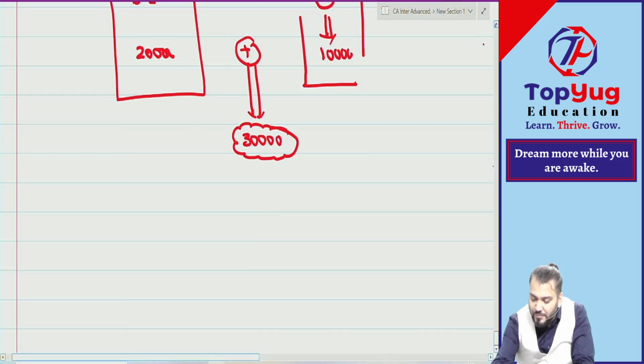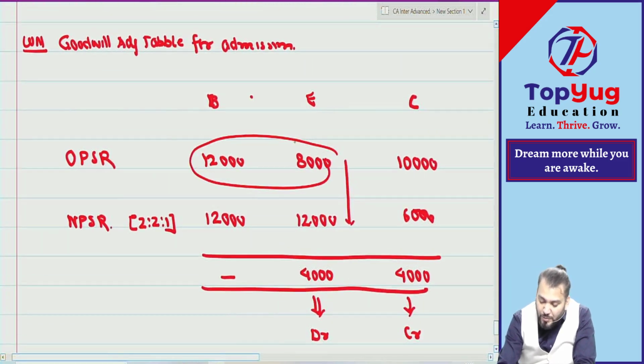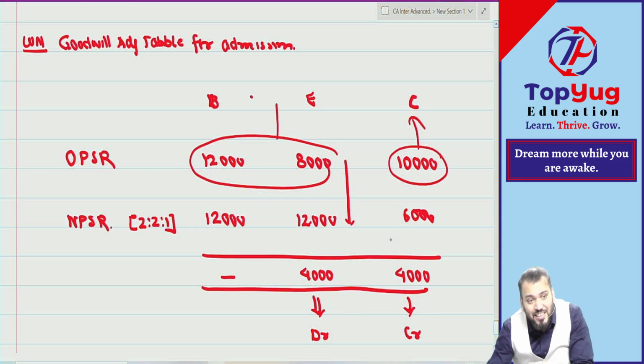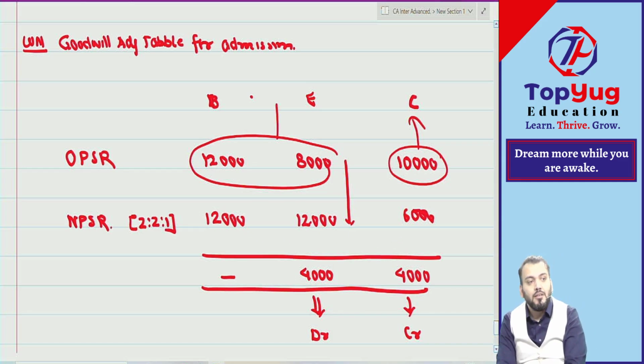That only we have done. First we have allocated goodwill among old partners in OPSR, but this also belongs to C only. Then total goodwill is allocated to new partners in new PSR. Have you understood? Correct. What is the journal entry?